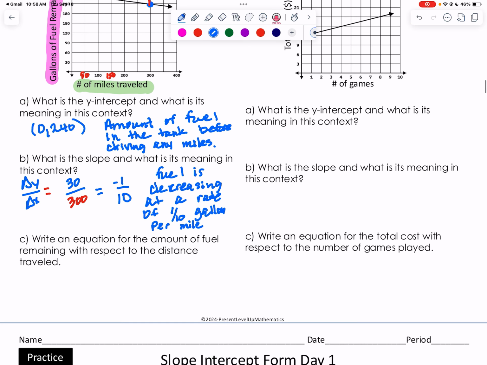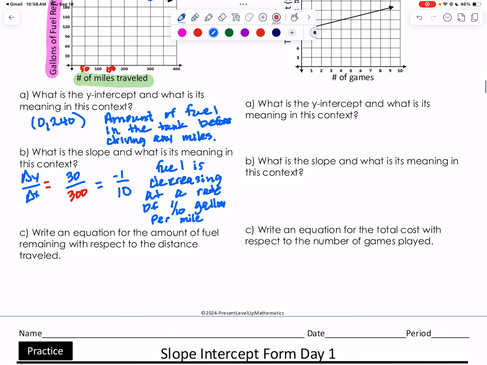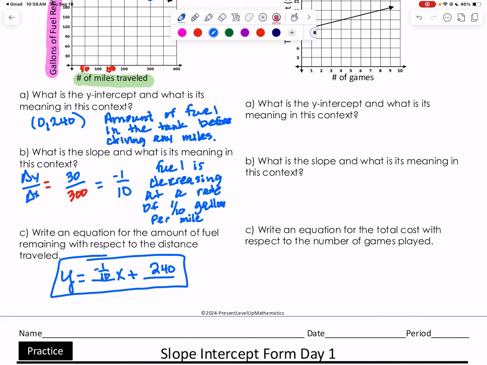The fuel is decreasing at a rate of 1/10 gallon per mile. Now, I'm going to put those two numbers together to write an equation. So y equals something x plus something. So my slope was negative 1/10, and my y-intercept was 240. So that would be an equation to represent this situation.